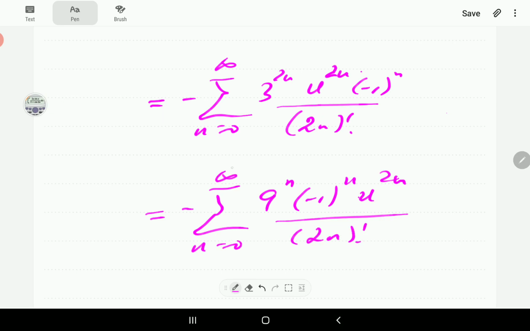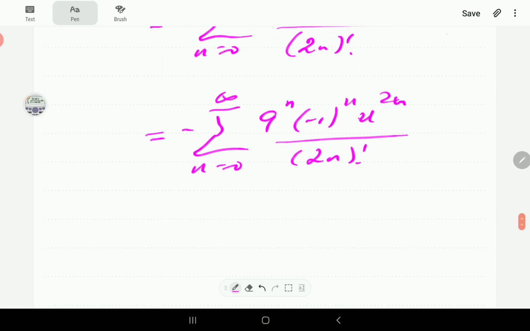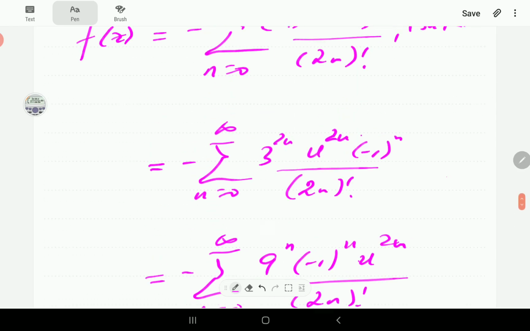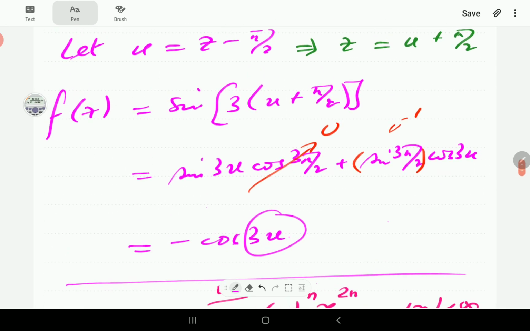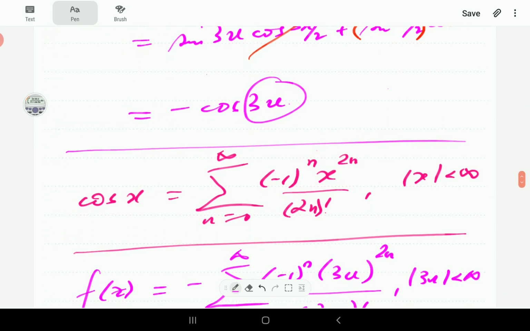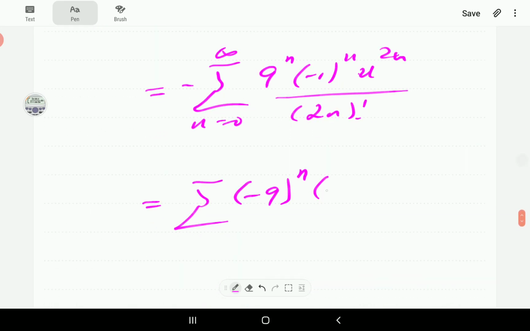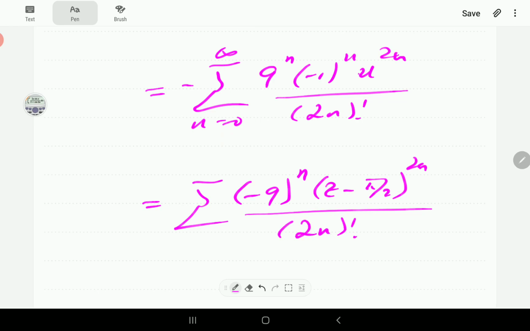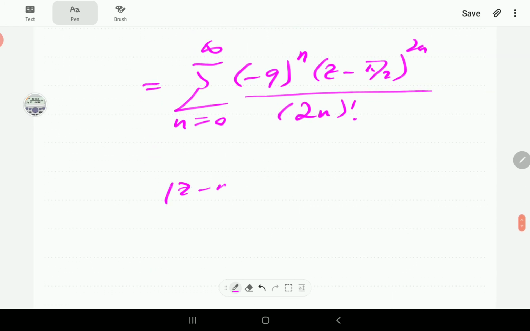Now, so this we can write as the negative of the summation of -9 to the power n, where u instead is z minus pi on 2. So that's going to be z minus pi on 2 to the power 2n, all divided by 2n factorial. And then of course the radius of convergence is going to be infinite here. And that brings us to the end of that one.